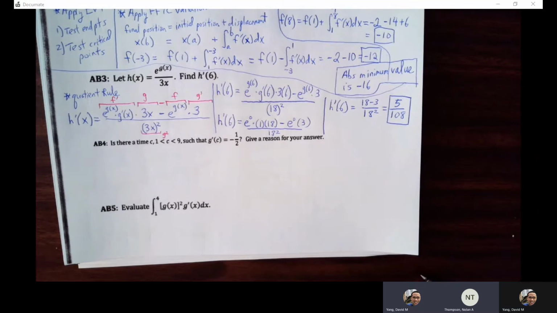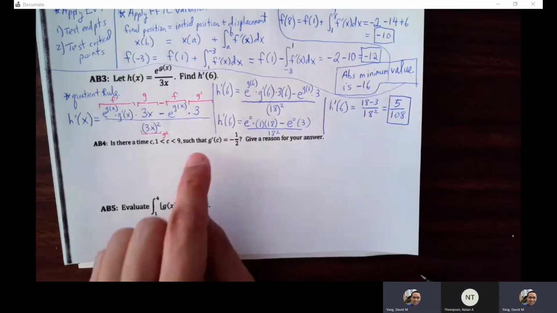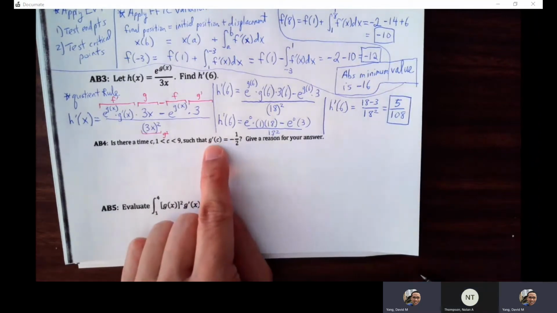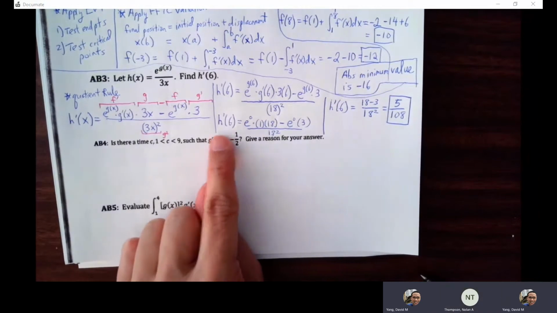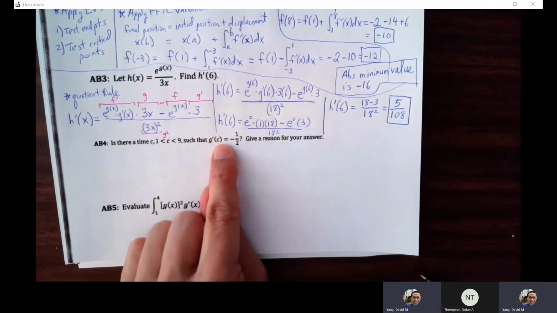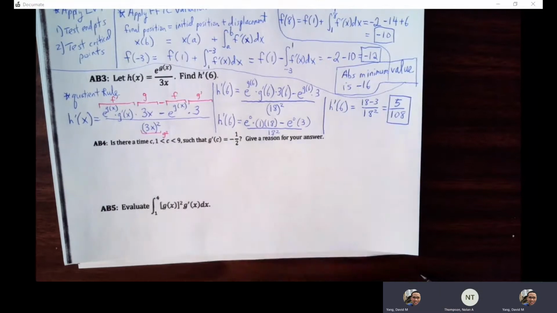Okay, so here it says, can we guarantee a slope of negative 1/2? So anytime we are involving guaranteeing a slope of a g graph, that's going to be a reference to mean value theorem.